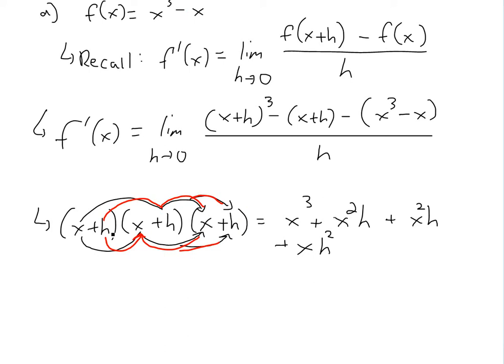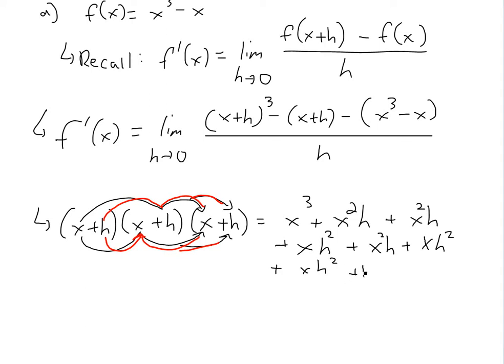When we look at the h side, we go h times x, so we have another x h, and then an x squared h, and also x h squared. Then look at h and h.